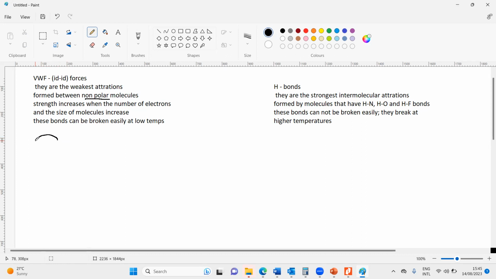So this is a molecule. One molecule here. Another molecule. Nucleus, nucleus, nucleus. These are non-polar molecules.